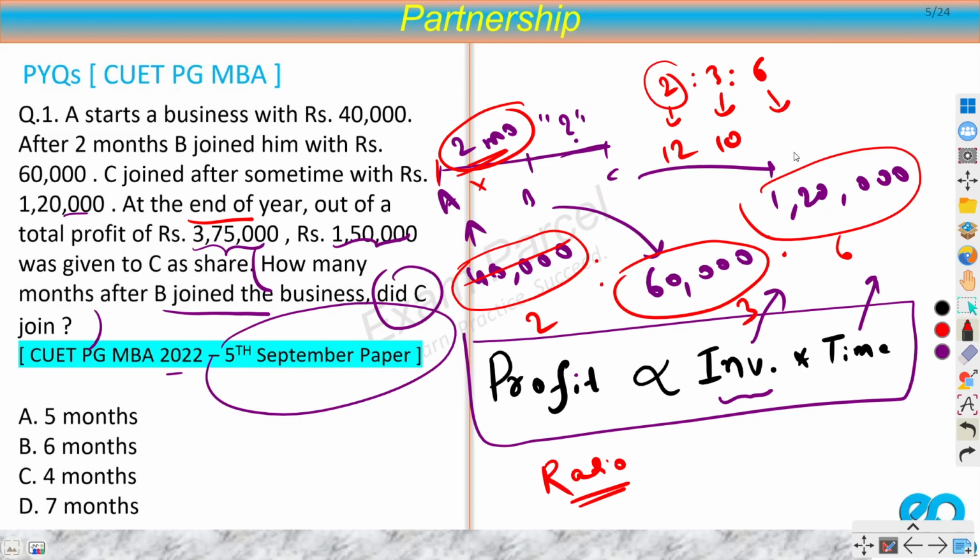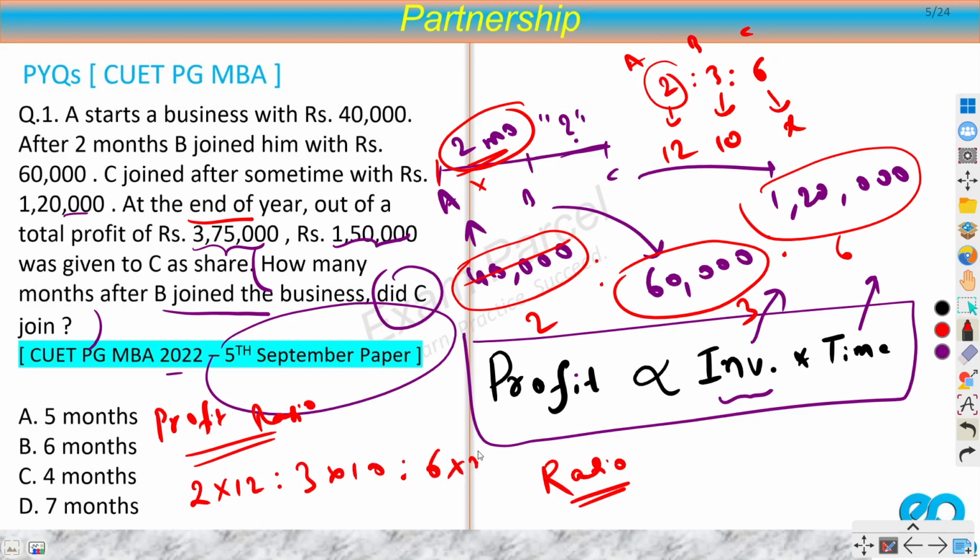And for C we don't know, we have to find it. So let's say this is X. So can we say that the profit ratio would be investment into time? So 2 into 12, 3 into 10, and 6 into X. Now we can cancel them out.